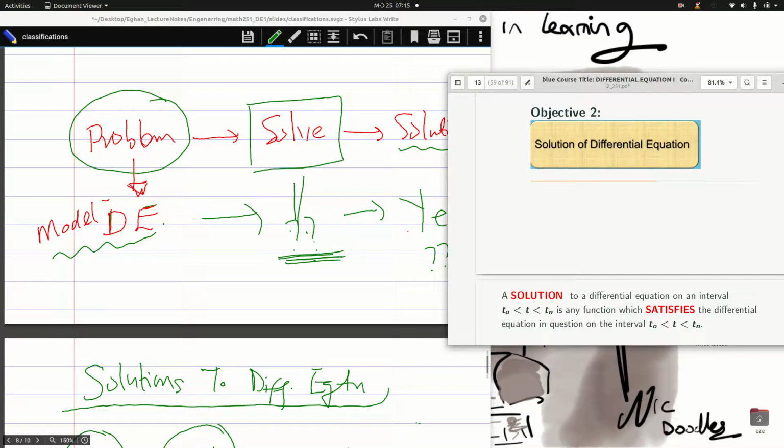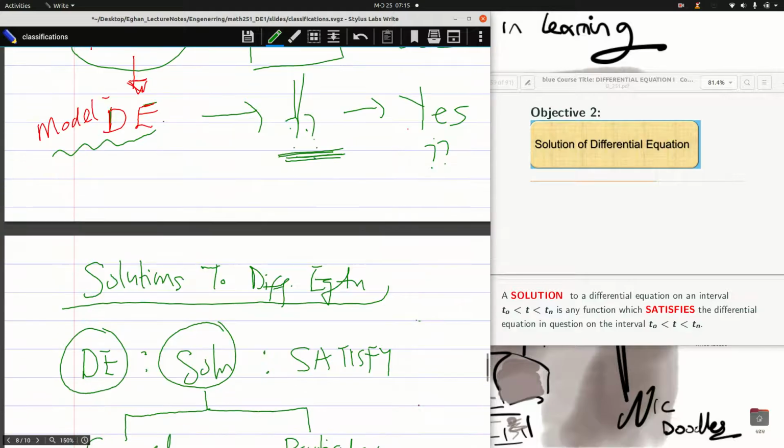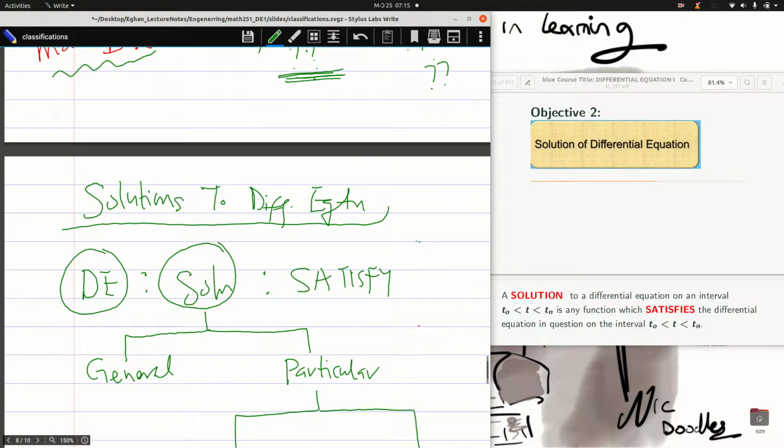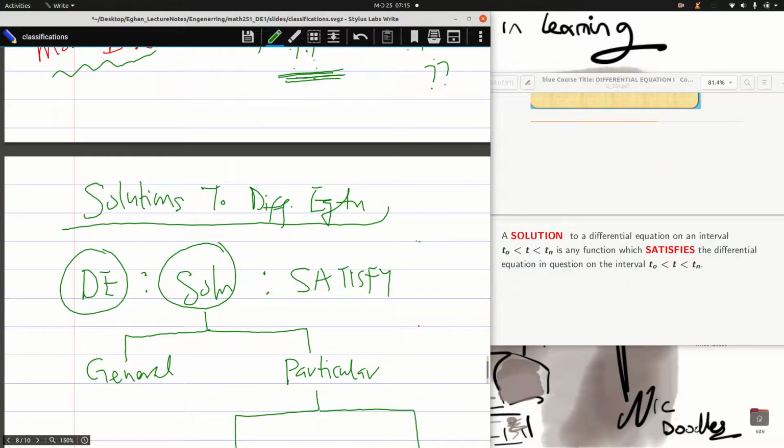Solutions to differential equations. What is this? My slides have a definition that a solution to a differential equation on an interval is a function that satisfies the differential equation in question. In simple terms, I have a differential equation here and I have obtained a solution.